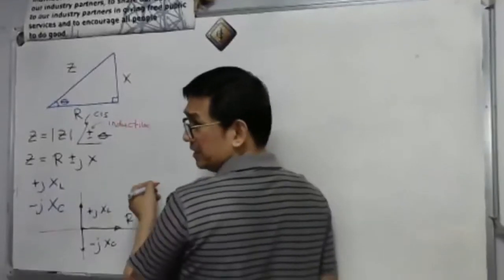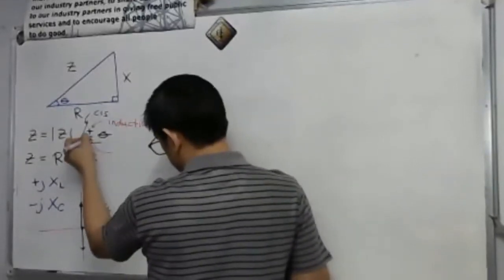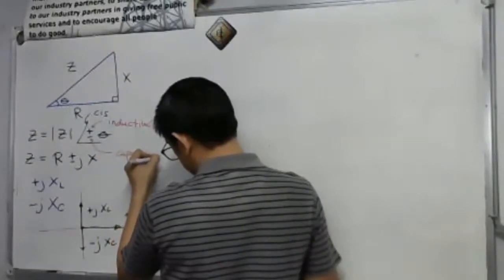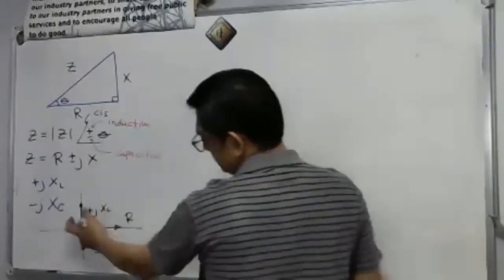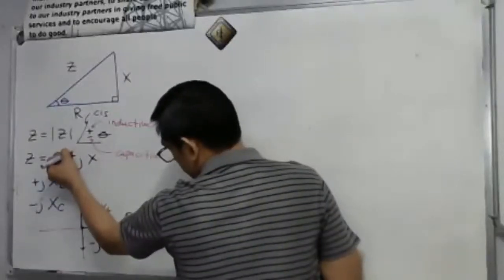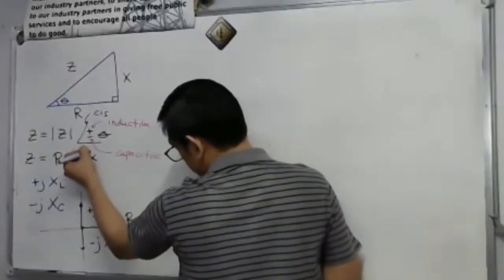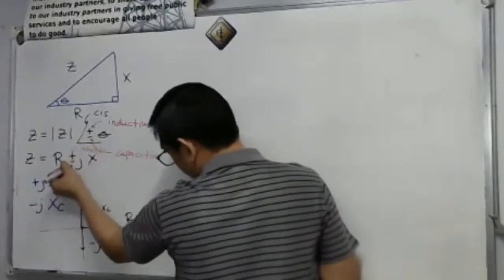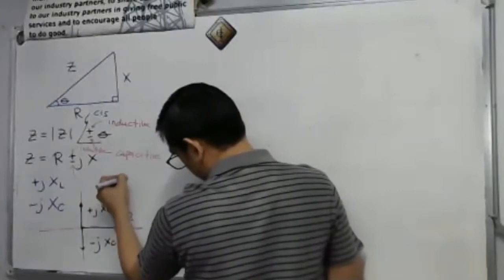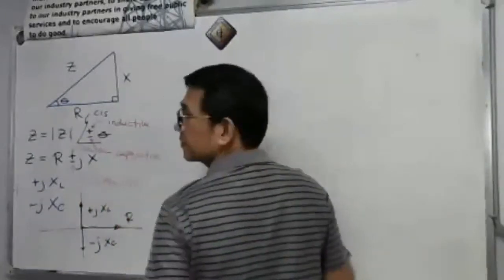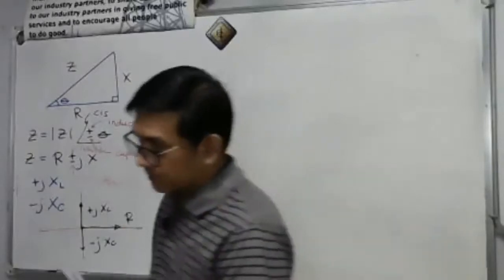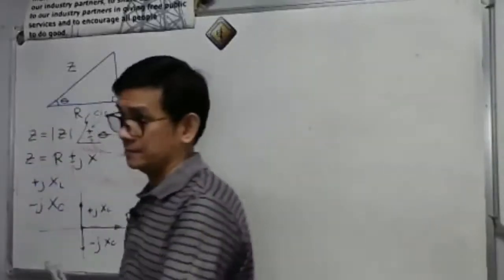If we mean negative theta, we mean capacitive. Just like here: if we mean positive j, we mean inductive. If we mean negative j, we mean capacitive. Okay? So, let us continue.